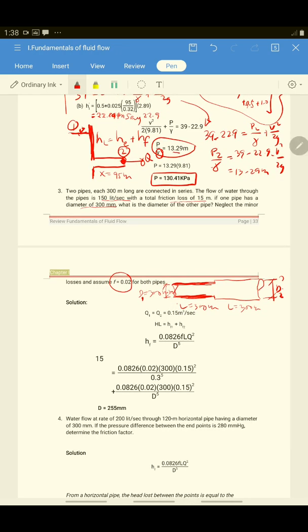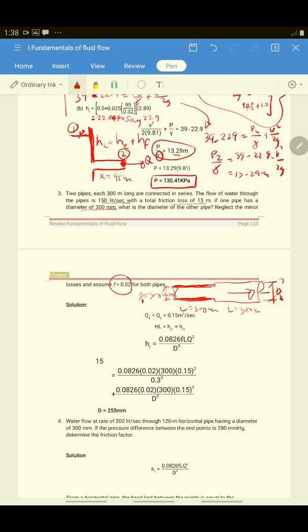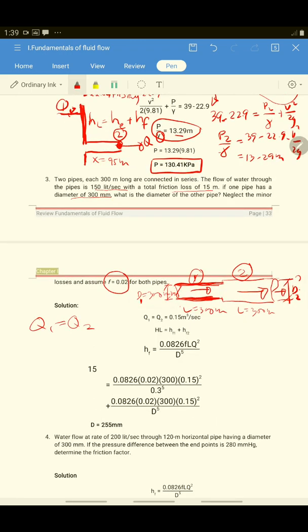Here, the Q is constant. So using the continuity equation, Q1 is equal to Q2. We'll let this be pipe 1 and this pipe 2. Q is given, and that is 0.15 cubic meter per second.